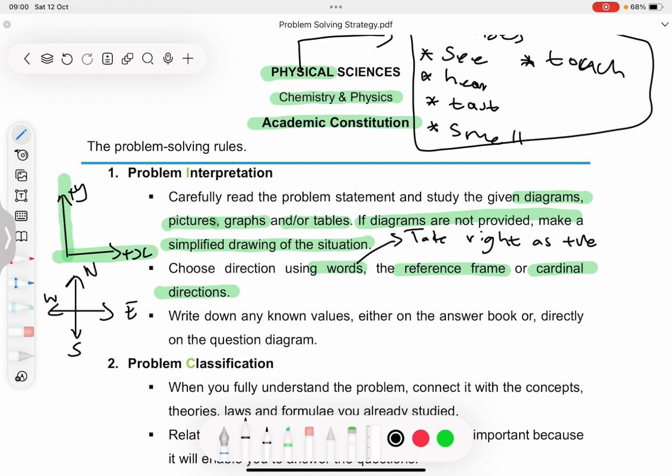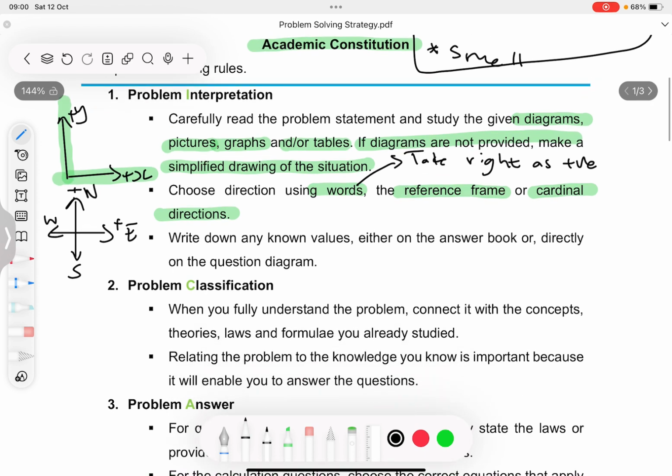Then you can choose that maybe east is positive and north is negative. It's really up to you. You can choose it the way you like, but these are the three different ways in which direction can be chosen. And direction, you really choose it when you deal with vector quantities.